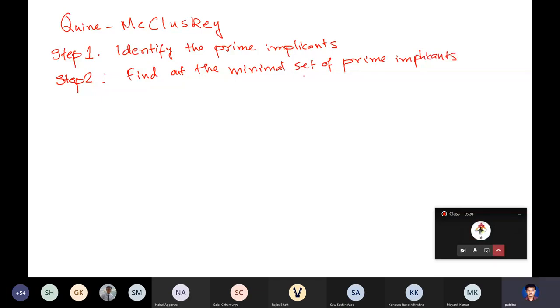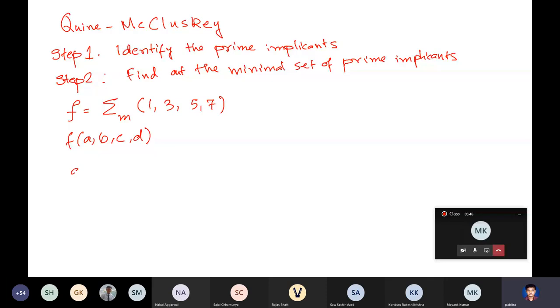So I represent a prime implicant like this. Suppose I have a function which is a summation of minterms 1, 3, 5, and 7. So I have 4 variables: f of a, b, c, and d.